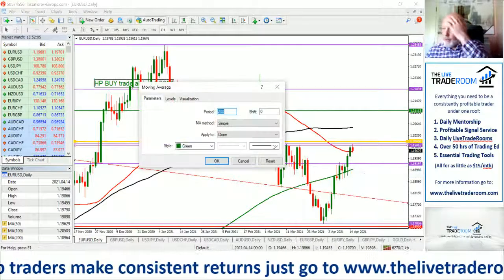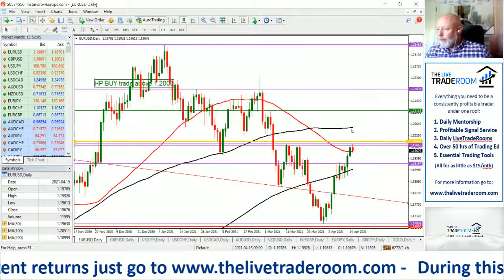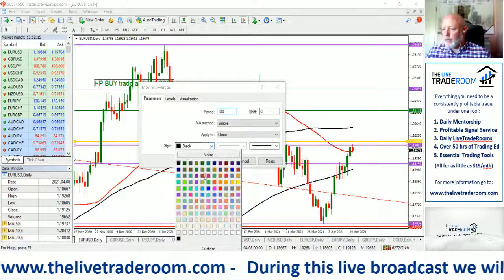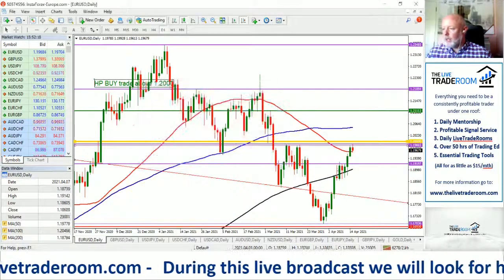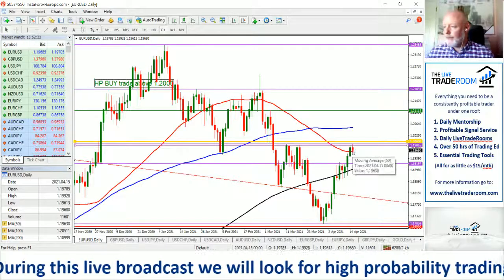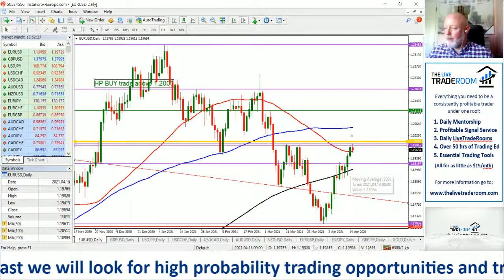What you find with an awful lot of these, the 200 period is often black, and the 100 period moving average is often kind of a dark blue color. So just to differentiate, the closest color to the price is the 50 period, then we've got the 100 period moving average, and we've got the 200 period moving average.